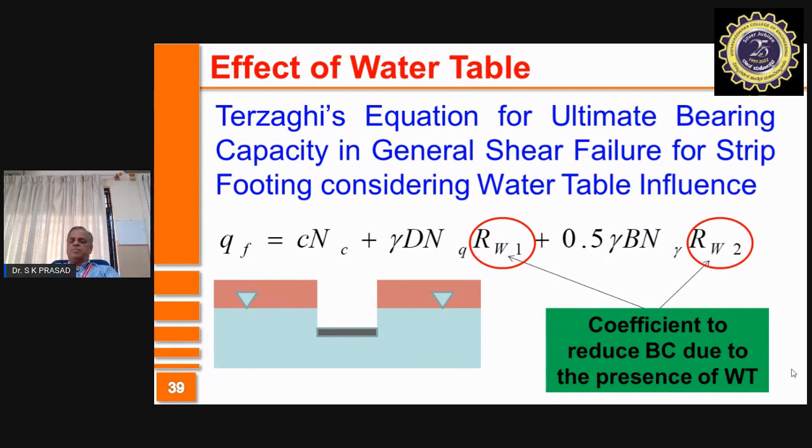If the groundwater table is far off, at great depth below the bottom of the foundation, Rw1 equal to Rw2 will be equal to 1. But when the groundwater table is close to the surface, these values of Rw1 and Rw2 will be less than 1. Therefore, ultimate bearing capacity will reduce. This is what you should know.